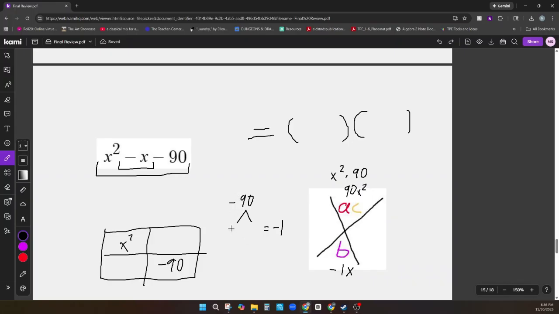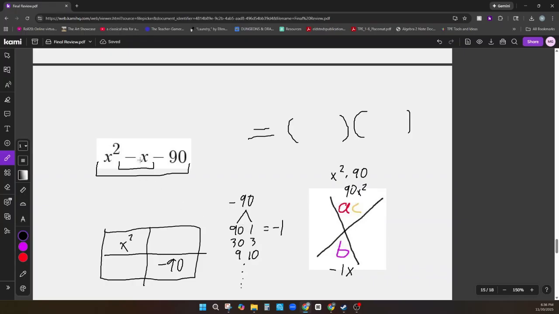And through some experimentation, let's just have some things that multiply to be negative 90. We have 90 and 1, we have 30 and 3, we have 9 and 10, and you could keep going on, but these numbers will be enough, and you'll see why in a moment.